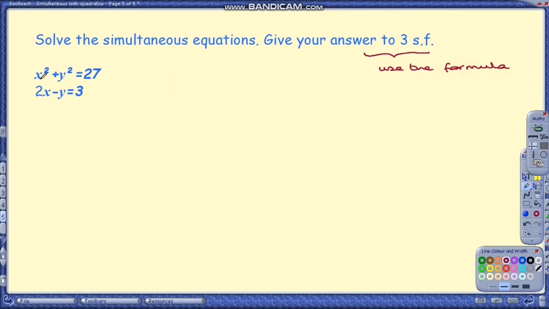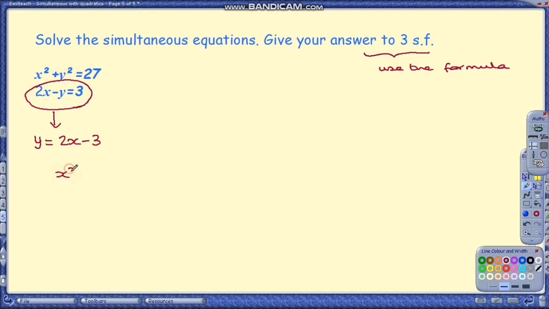Let's make a start. So we've got x squared plus y squared is equal to 27, and 2x minus y is equal to 3. Again, I'm going to use the linear equation, and I'm going to make y the subject, and y is going to be 2x minus 3. And I'm going to substitute that into my x squared plus y squared equals 27.